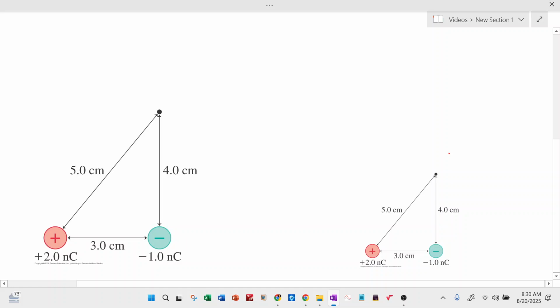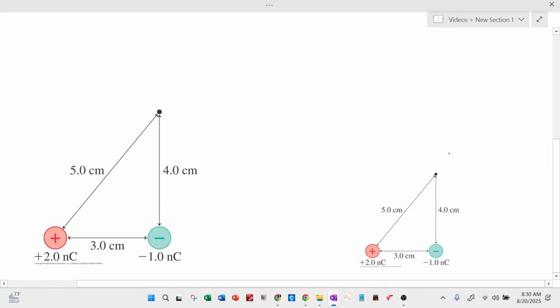So there's a 2 nanocoulomb charge, 2 times 10 to the negative 9th coulombs, at a distance of 5 centimeters from our point of interest here. And there's a negative 1 nanocoulomb charge at a distance of 4 centimeters from here. So the first thing probably to do is to think about the behavior. This is a positive charge.